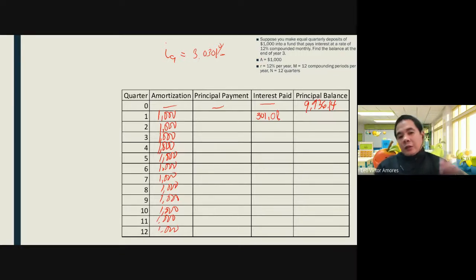Therefore, on your first quarter, you paid 1,000, but 301.08 is associated to your interest. So therefore, the principal amount you actually paid is 698.92.